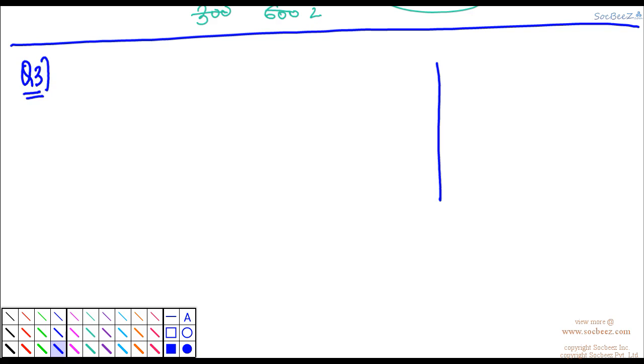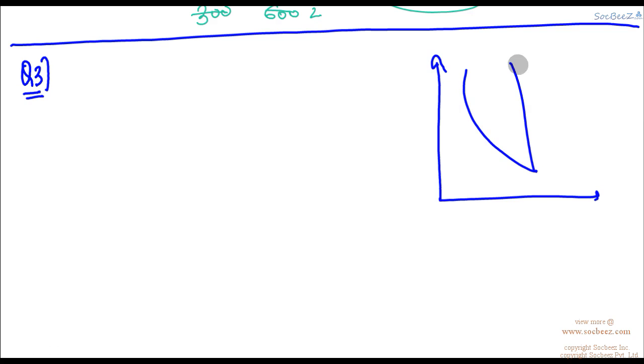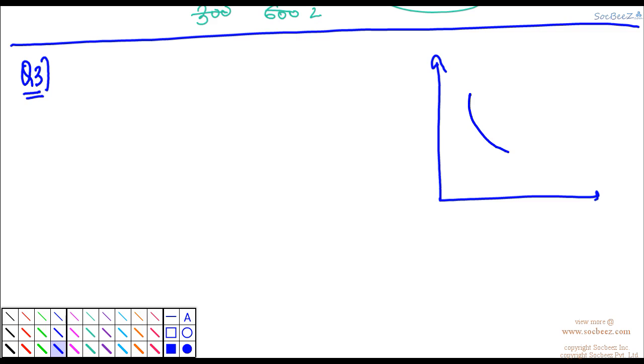So another question we have is in which 6 gram of hydrogen gas, there are two processes taking place. Now this diagram has not been drawn properly. Let's draw it again.